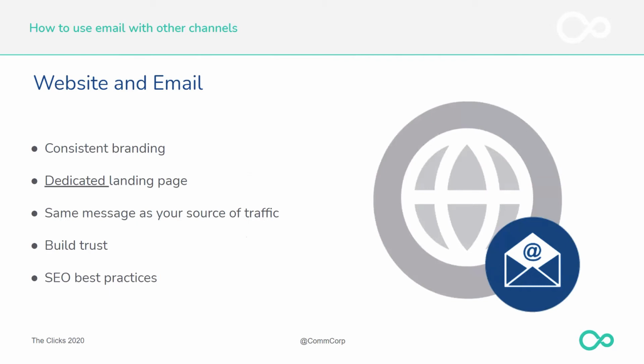When a recipient receives an email and clicks onto one of your links, and then gets taken onto a web page that doesn't have the same branding, or might not even look anything similar to the email that they've received, straight away they start to think, is this actually a genuine email or site? Or they might be very confused. The trust element is affected at that point. And your branding is, of course, your identity. So make sure that it is consistent across all mediums.